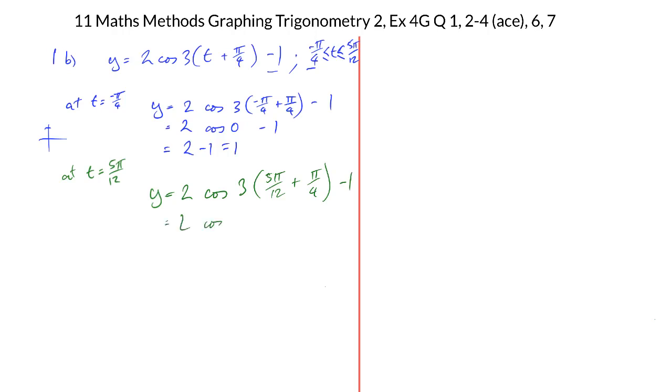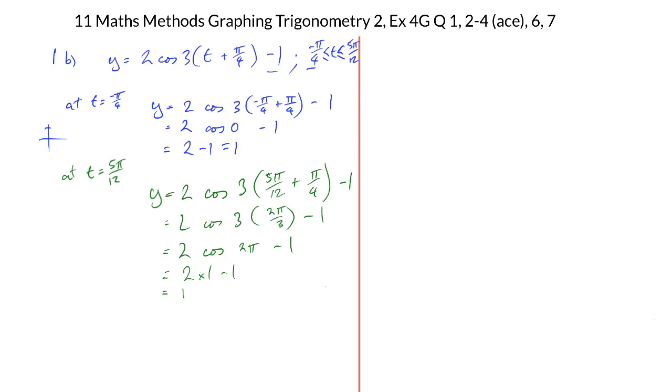So I get 2 cos of 3 times, now to work that out, that's 3 pi on 12 makes it 8 pi on 12, which becomes 2 pi on 3. -1 becomes 2 cos, 3 times that becomes cos of 2 pi -1. Now cos of 2 pi, if I think of my curve, it ends up at 1, so that's 2 times 1 minus 1. You can use your calculator, of course, and I get a value of 1.